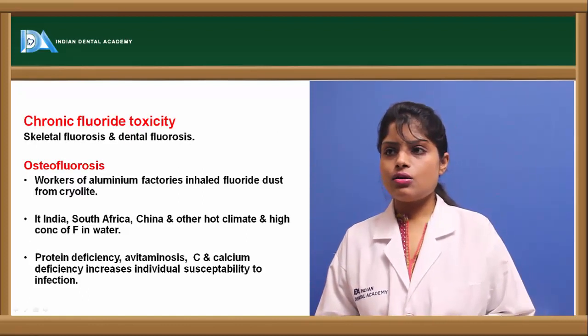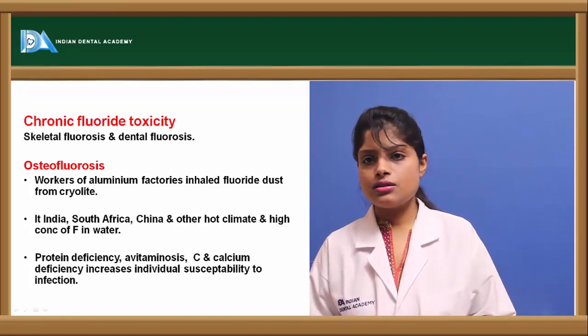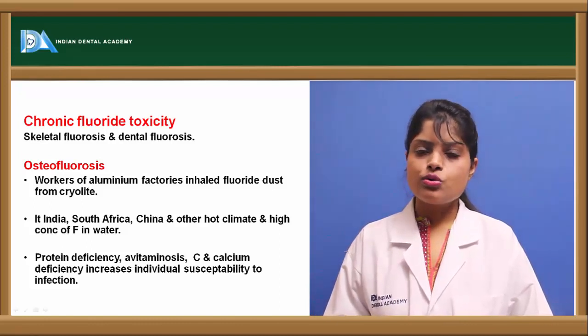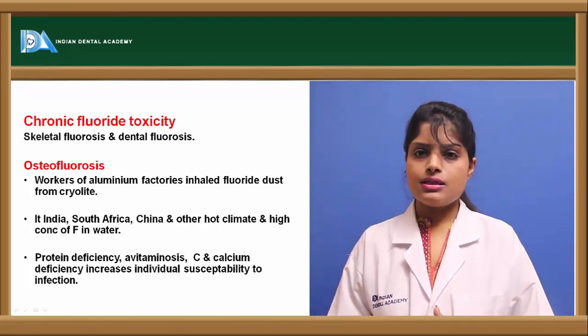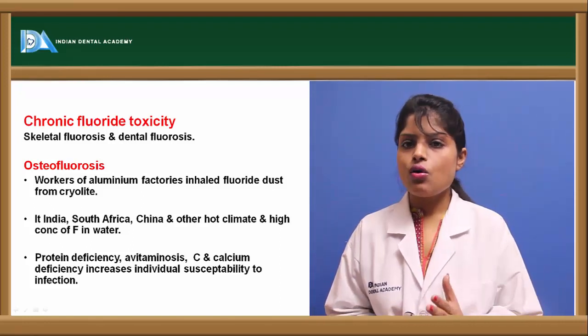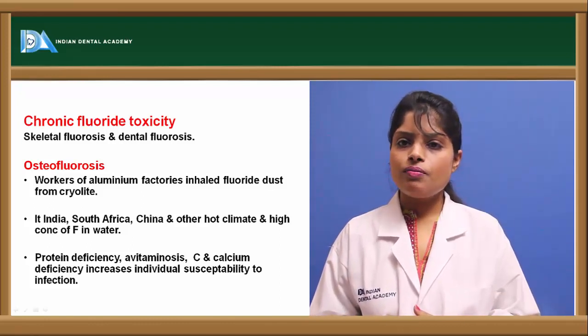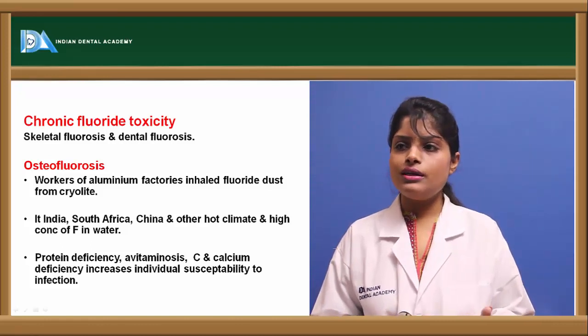Now, in the case of chronic toxicity, there will be effects on the skeletal system, the kidneys, as well as the dental system, which will lead to skeletal fluorosis and dental fluorosis. The skeletal fluorosis, also known as osteofluorosis, was found in the areas of people who worked in aluminium factories due to the inhalation of aluminium dust.